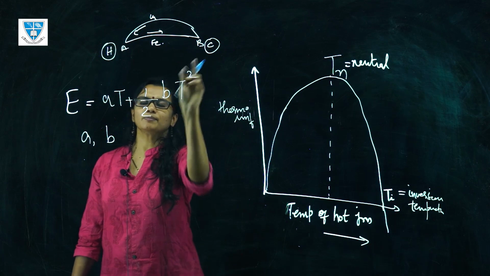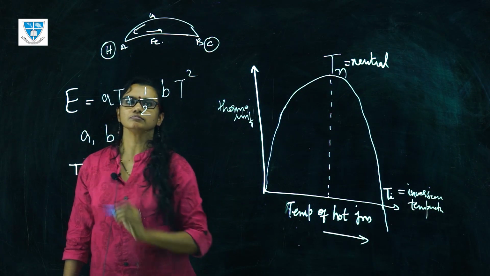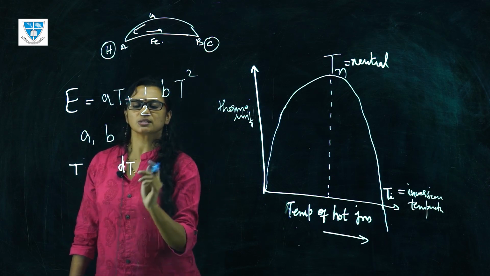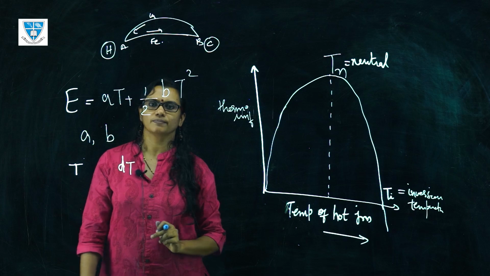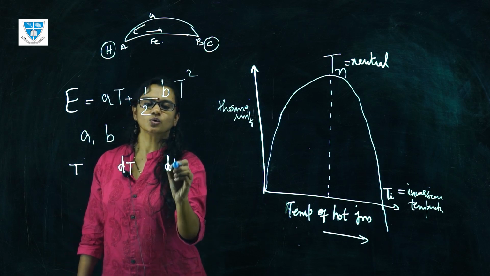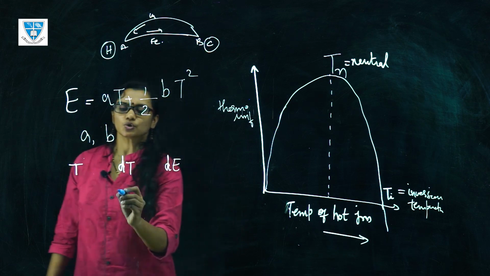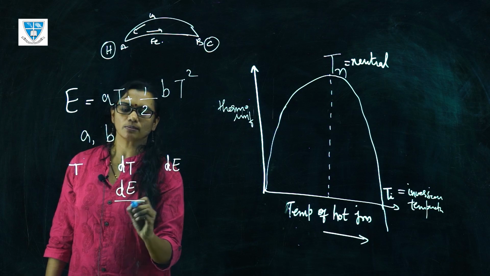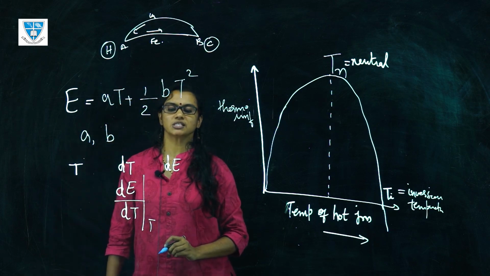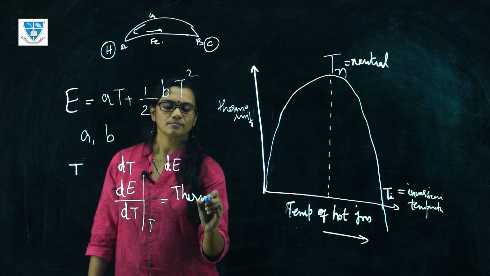Suppose these are kept at the same temperature, say T Kelvin, and you give a small temperature difference dT to your hot junction. Then, due to this dT, you have a small change in your thermo EMF. So the rate of change of your thermo EMF with temperature, for a given T, is termed as thermoelectric power.